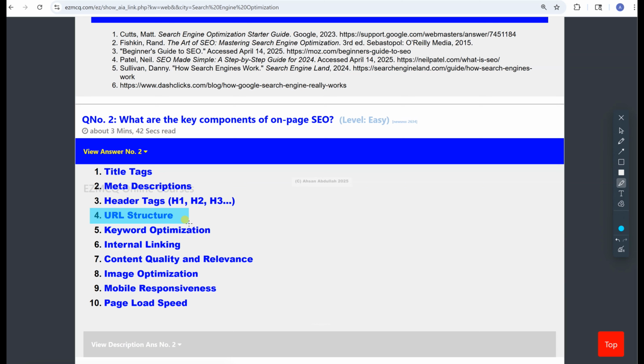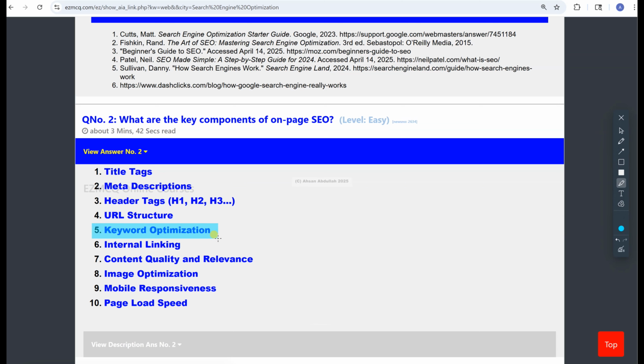So what is the end result? The end result is that it enhances the visibility, which is probably the first subtopic we just discussed. That enhances the visibility and the usability of the web page. So the ranking becomes better. That is the visibility and then the usability.